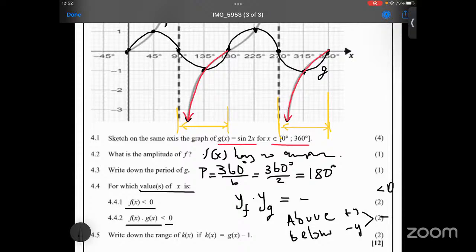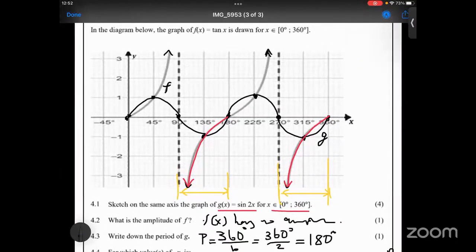Every time you see something saying less than 0, they are talking about a negative y value. So if we try and scan this, can we find the section where one graph is above and the other is below?